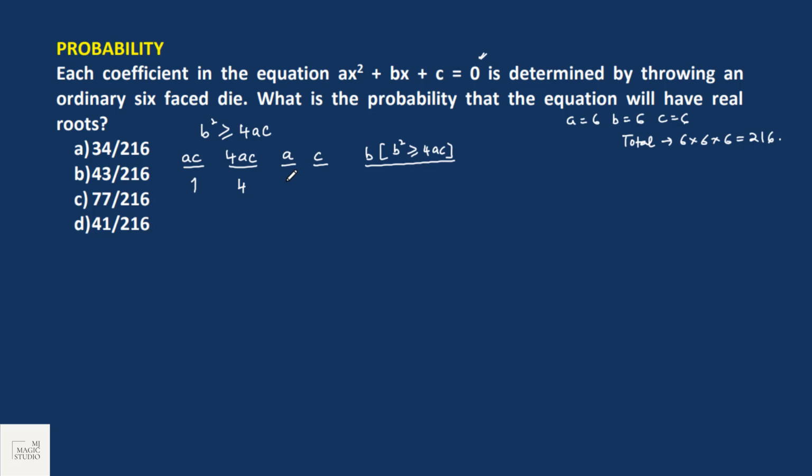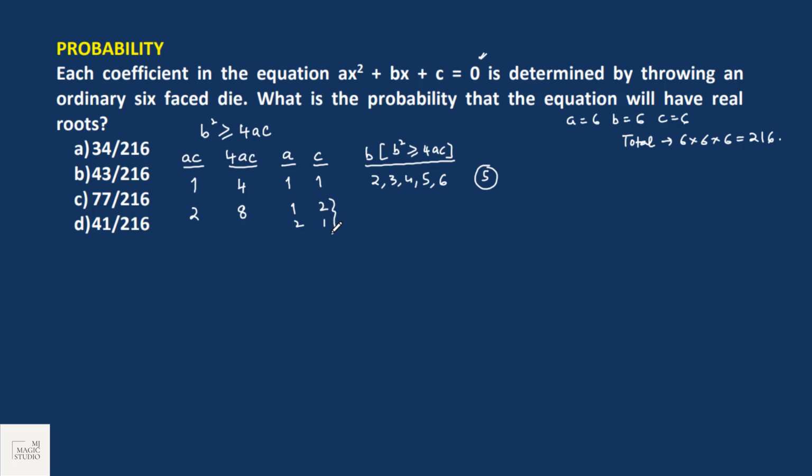a into c can be 1, 4ac is 4. The only option is where a is 1 and c is 1. Then what can be the value of b? b square should be greater than or equal to 4. That means the value of b can be 2, 3, 4, 5 or 6. 5 cases are possible. a into c is 2, 4ac is 8.